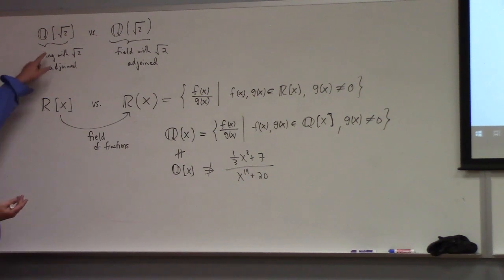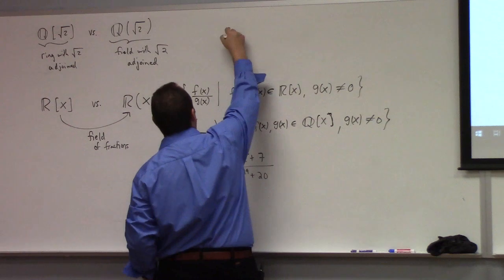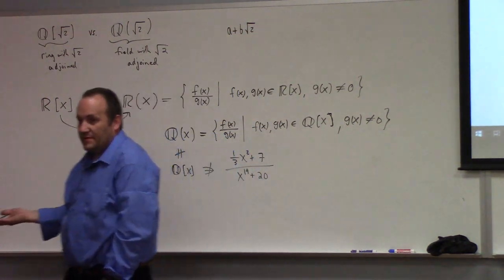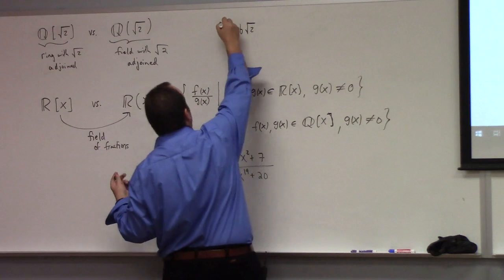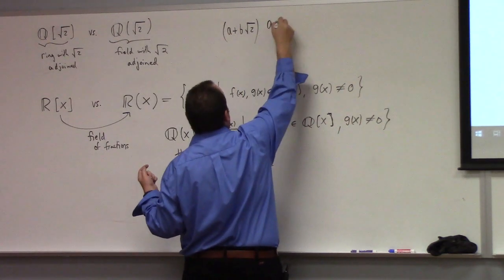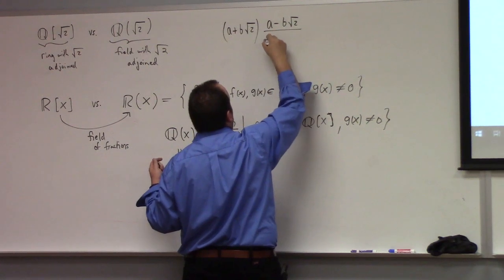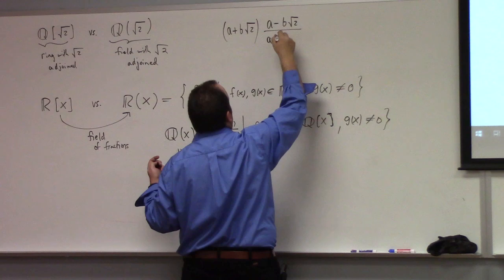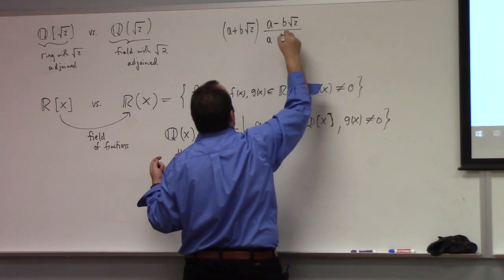You have shown that if you adjoin square root of 2 to Q, in other words, if you look at things of the form a plus b root 2, that has a multiplicative inverse in terms of things of that type again. What's the multiplicative inverse? It's a minus b root 2 divided by, how's it go? Remembered eventually.